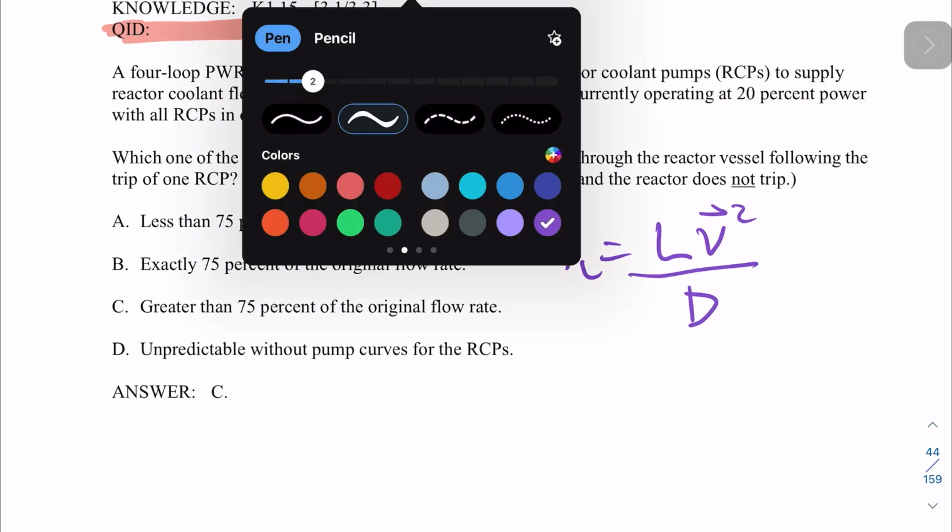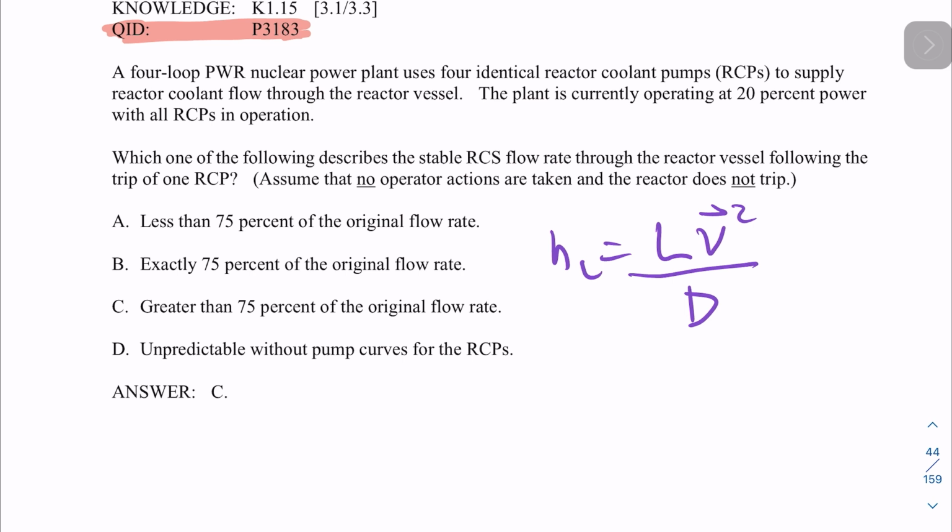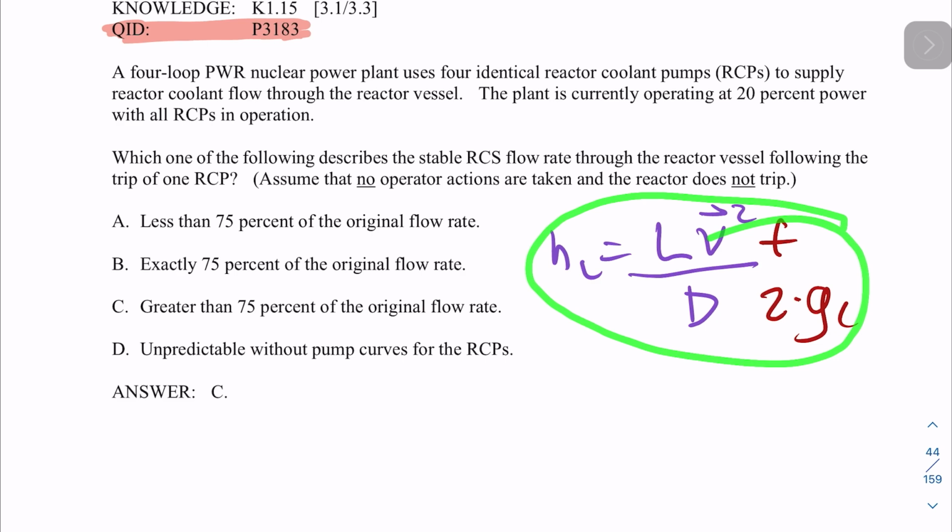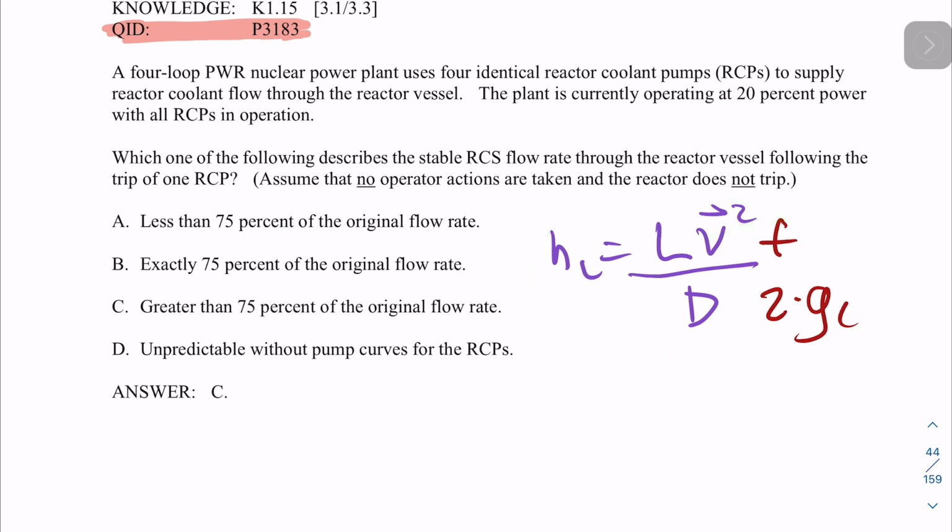I know that that's not the complete formula, because the complete formula has the frictional coefficient for the pipe, and it also has the 2 and the gravitational constant. But honestly, for GPs, that's all the things that are affecting my pipe, only for GPs, right? And we know that this is a more complete formula for this.